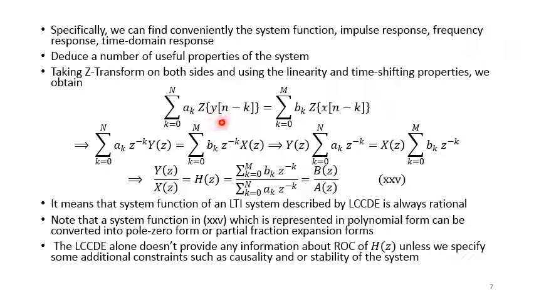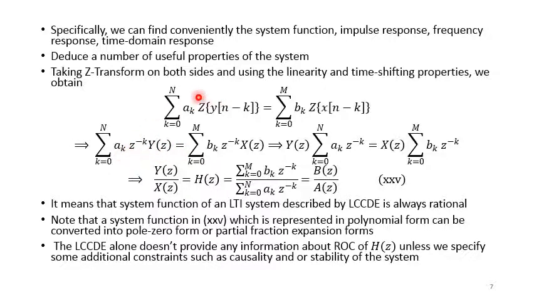So we have summation k running from 0 up to N of a_k, and the Z transform of y is Y(z). Because we are delaying it by a factor of k, we can write Y(z) multiplied by z to the power minus k.